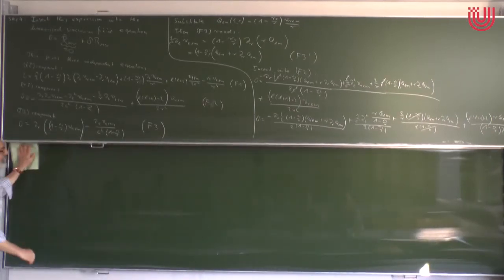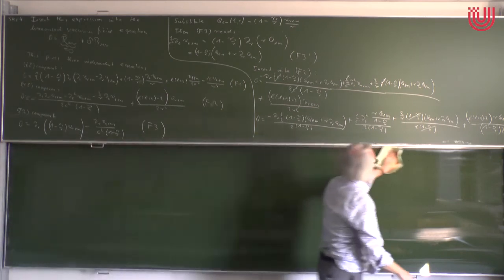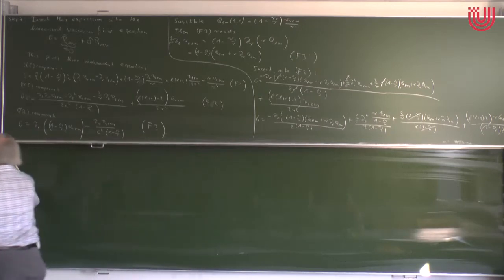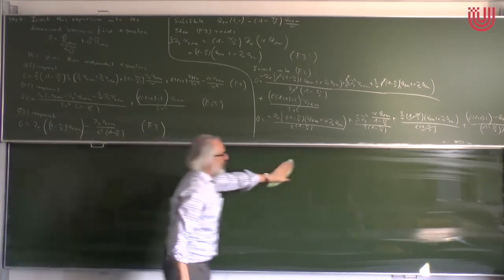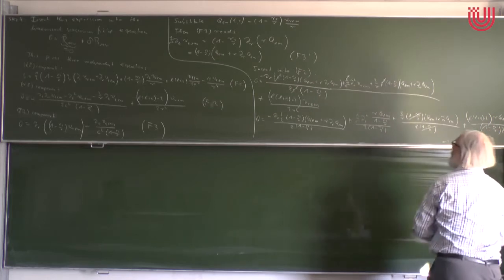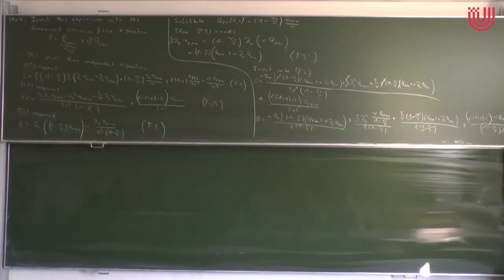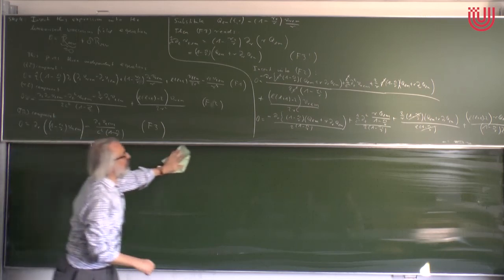Let me see. So if I multiply, this is 1 minus rs over r squared. I think that's what I have to do.